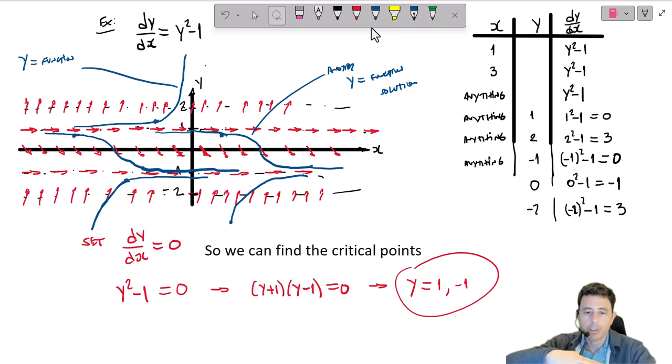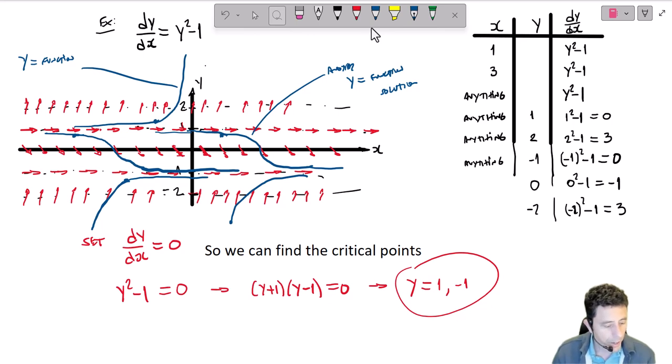So find one critical point here, another critical point, the derivatives are always 0. And then in between each pair, pick a point to see if the derivative is positive or negative. Then you can draw the arrow. Okay. So let's take a look at one more example.